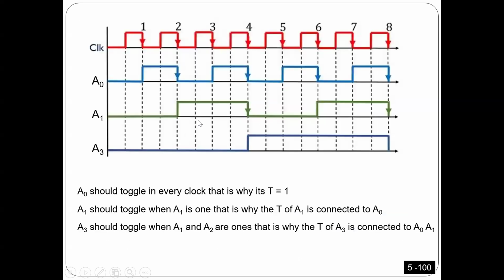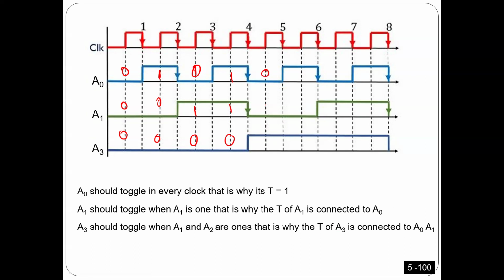Okay. And this is how the circuit should look like. This is the clock, so you can see we change. In the very beginning we have 0, 0, 0. Then after this clock here we have number 1, and then number 2, and then number 3. This is the timing diagram.